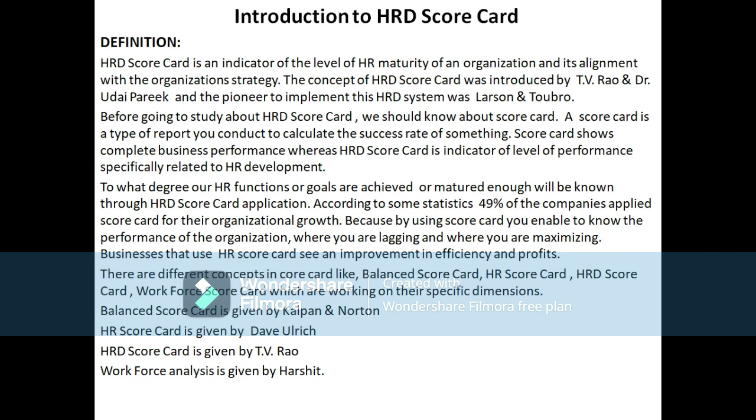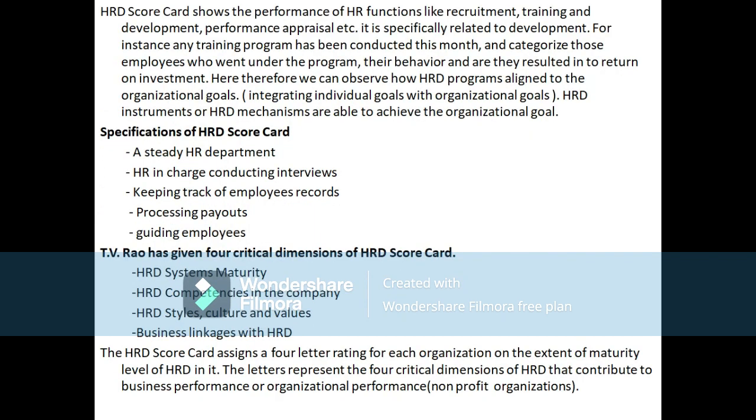Okay, now coming to the HRD scorecard. It shows the performance of HR functions like recruitment, training and development, performance appraisal, etc. It is specifically related to development. Again and again I am saying HRD scorecard is related to the HRD department only.